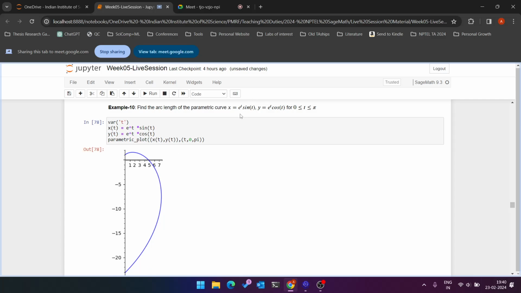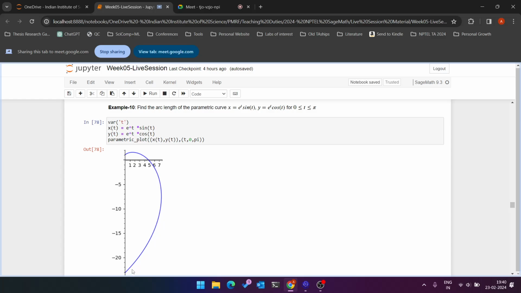So at t equal to 0, e raised to t is basically 1. X is 0, but y is 1. So this is the point of t equal to 0. And at t equal to pi by 2, cos of pi by 2 would go to 0, sine of pi by 2 would become 1. So e raised to pi by 2 would look something like this.